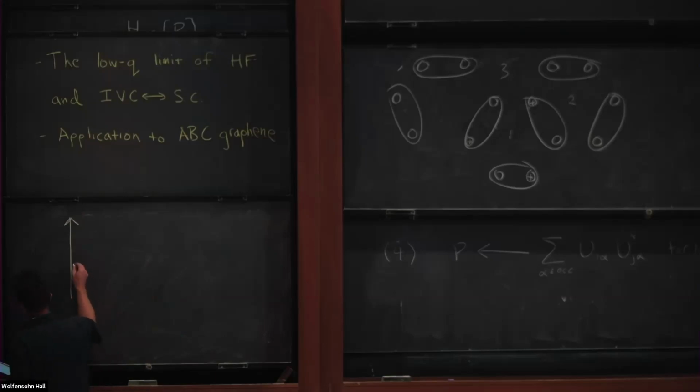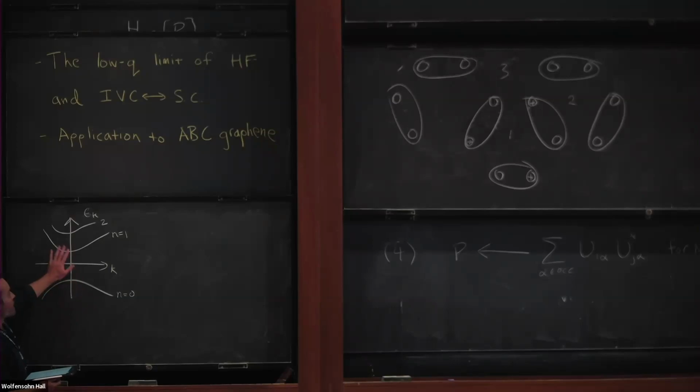We have some single particle band structure, epsilon_k, whatever it is. It's a conduction band, a valence band, some other bands. So I'm going to label throughout the bands by some index, n equals 1, 2. And there might be one copy in one valley and one copy in the other valley. The valley index you can, for now, just group into the band index and think of it as part of the indices of the bands.